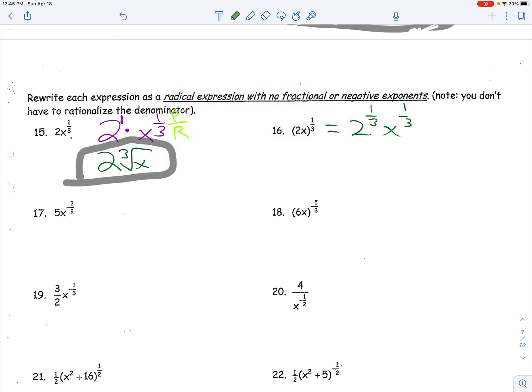So another reverse, right, of what we were doing on page 6. This is going to be the cube root of 2x to the 1st. Like I said, you don't need the 1 there, if you want to put it there in 15. If it's a number other than 1, then you have to do it, but not when it is 1. All right, so that's 16.